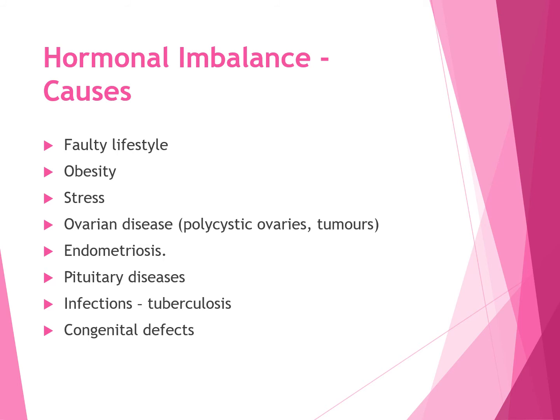Then stress, which disturbs the hypothalamus, the part of the brain which controls the whole endocrine system. The hypothalamus controls the pituitary, which is the master gland of the endocrine system.